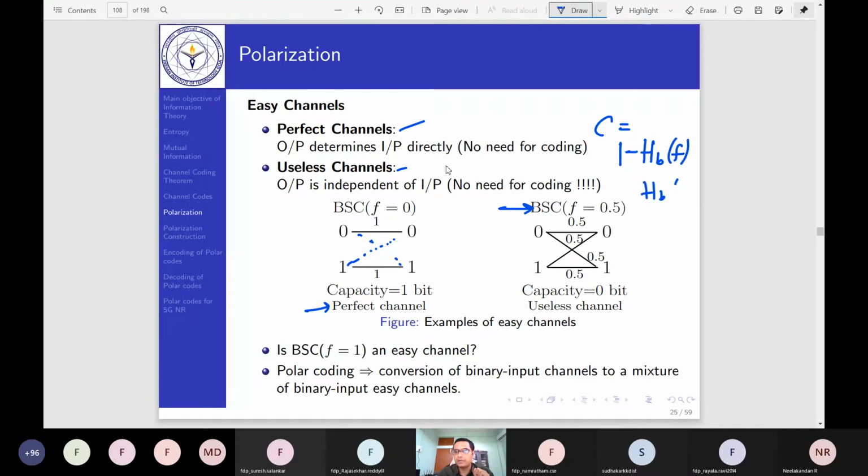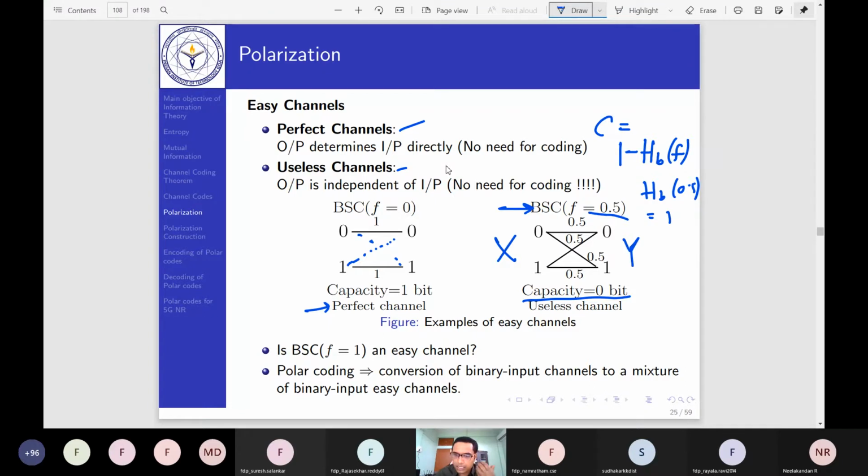Now HB of 0.5 will be equal to 1. So the capacity will be equal to 0 for this binary symmetric channel with crossover probability 0.5. It can also be proven that the input random variable X is completely independent of the output random variable Y.